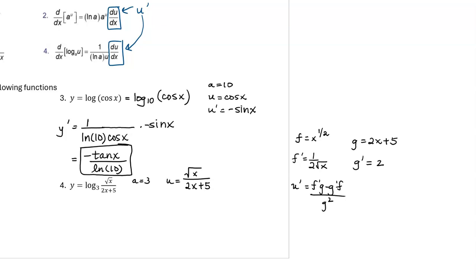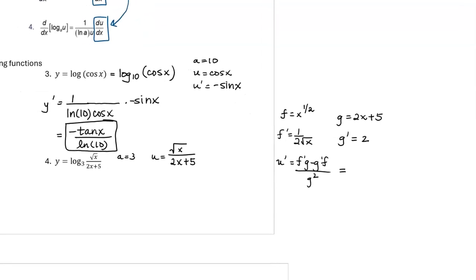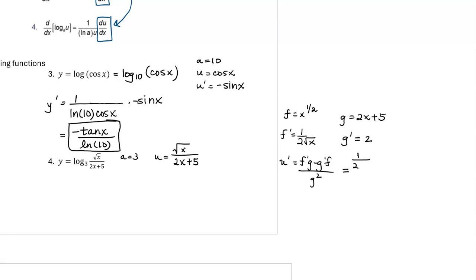That is us using the quotient rule. So f prime g leaves us with 1 over 2 root x multiplied by 2x plus 5. From that, we're going to subtract g prime f, which is 2 times the square root of x. And all of this is divided by g squared, which is 2x plus 5 squared.